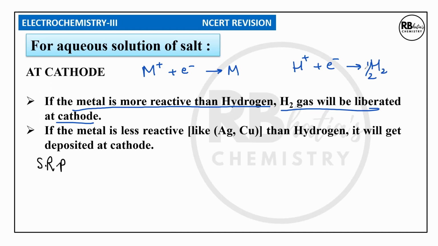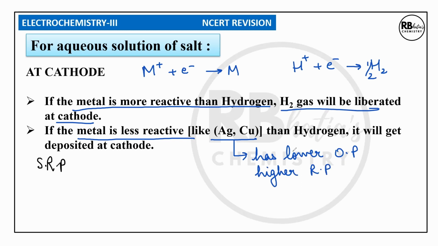So out of a metal ion and hydrogen ion, which gets liberated depends upon which has a higher standard reduction potential. If the metal is less reactive, like silver or copper, with a lower oxidation potential or a higher reduction potential, then it gets preferentially deposited at the cathode.